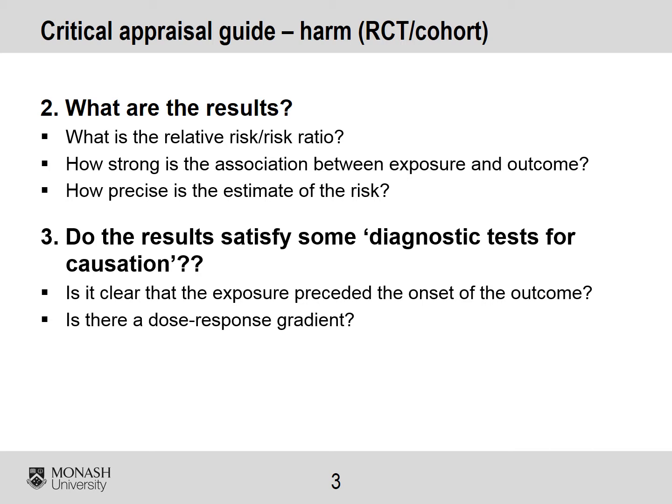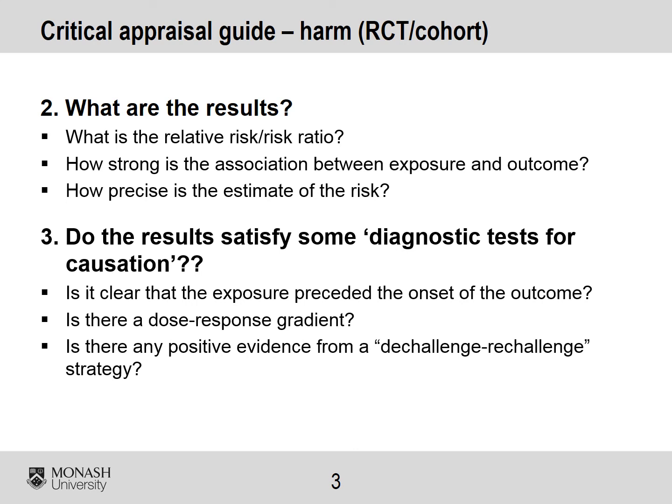If it is looking at different dosages and whether the outcome increases in severity, that's a great example of a dose response gradient. For quite a lot of your studies and questions, it may not be possible to demonstrate a dose response gradient. That's fine, as long as you explain why that is the case. You won't be marked down.